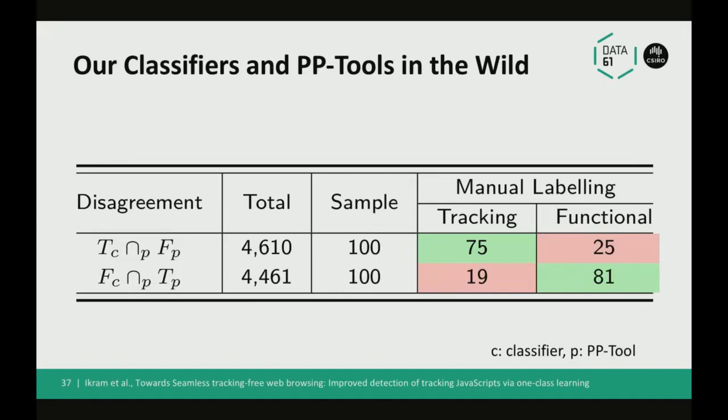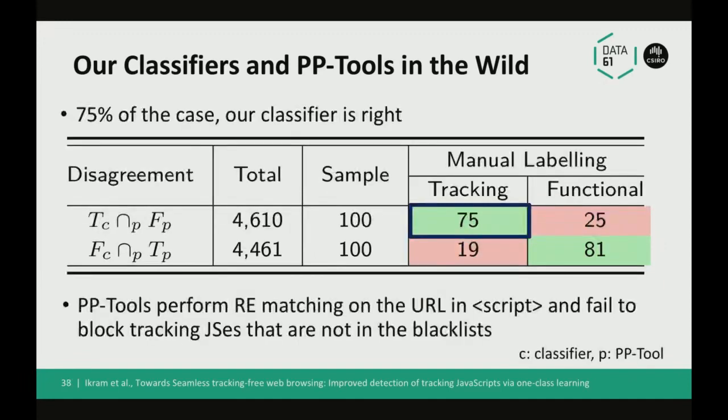In this table, the green color shows when the manual labeling agrees with our classifier output, and the red color shows when our manual labeling disagrees with our classifier output. For 75% of the cases, our classifier was right, and for 25% it was wrong.